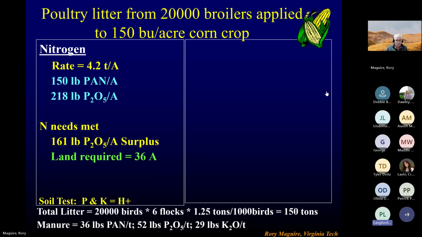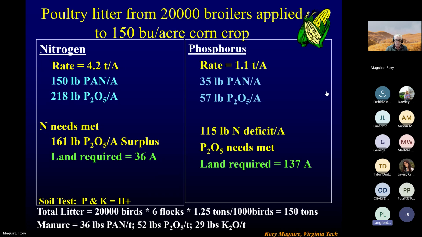And so we're applying at a rate of 4.2 tons per acre, which is giving us that 150 pounds of plant available nitrogen. But whenever we're meeting the needs of nitrogen, we're going to have a surplus of phosphorus. But if we are looking at meeting the needs of phosphorus, on the other hand, applying poultry litter, we're going to have a nitrogen deficit.